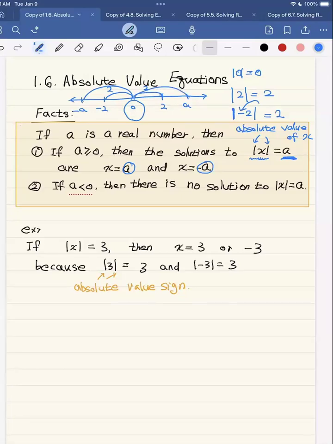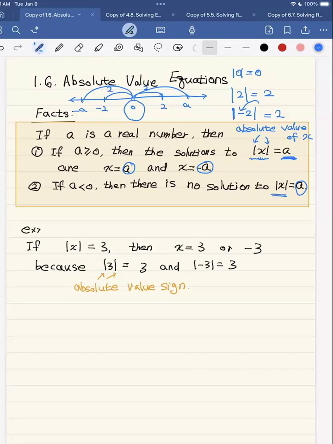But when we solve the equation, if we have to consider the absolute value of x being something less than 0, then there is no hope, because we have to think about the distance between 0 and that number, and distance is always positive or 0.